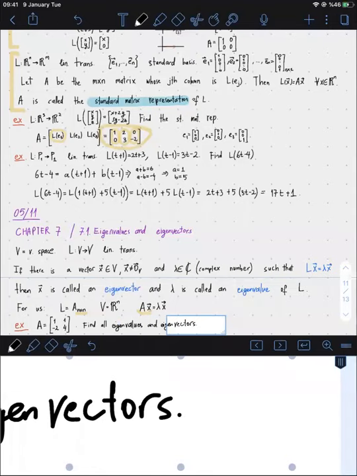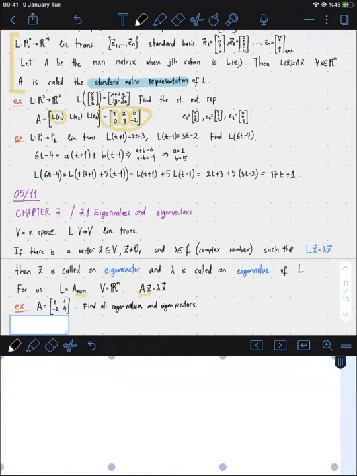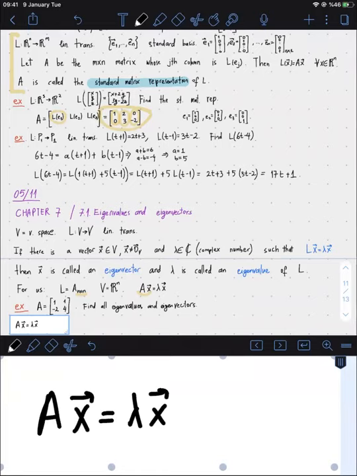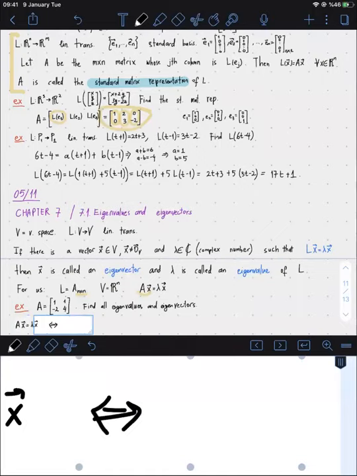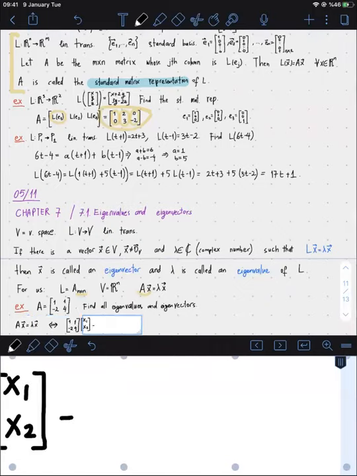So what are we trying to find here? We're trying to solve this equation, A times x equals lambda times x. What does this mean? It means the matrix 1, 1, minus 2, 4 times a vector x1, x2 equals the number lambda times x1, x2.